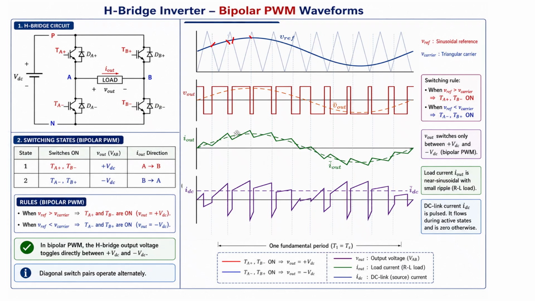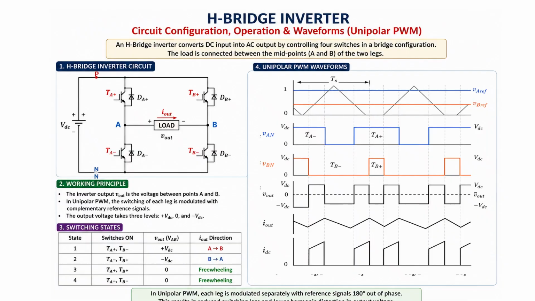Now we will move on to another type of PWM, that is unipolar PWM. The H-bridge circuit remains the same, but the switching method changes here. Here you will have two reference signals, which are 180 electrical degrees out of phase, usually sinusoidal reference waves.